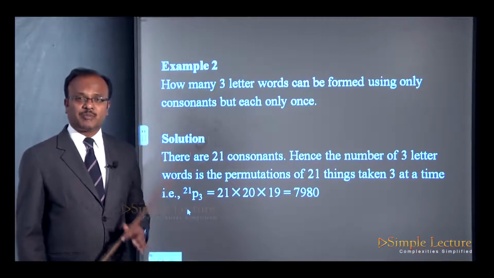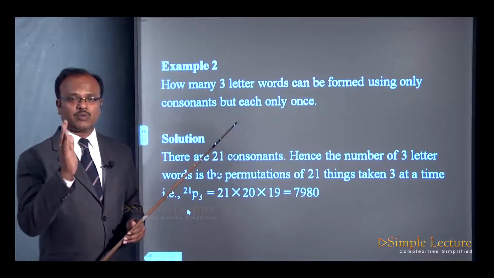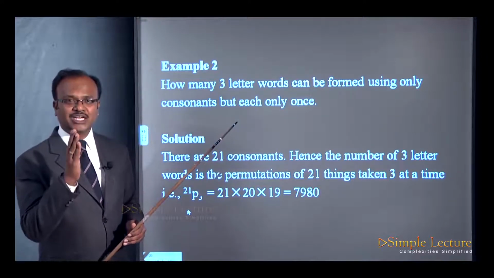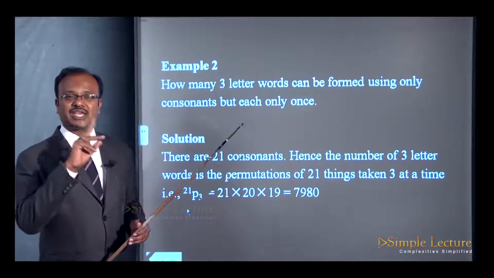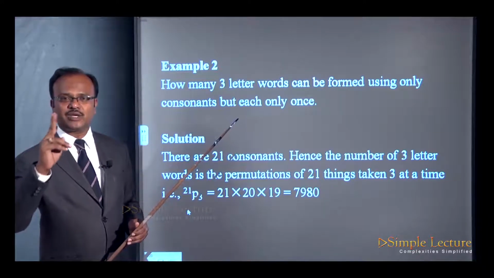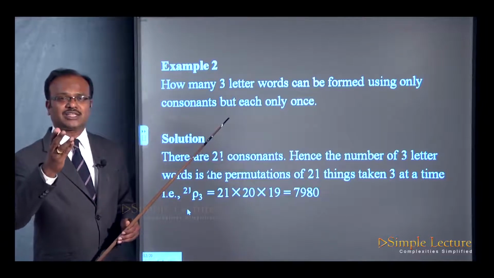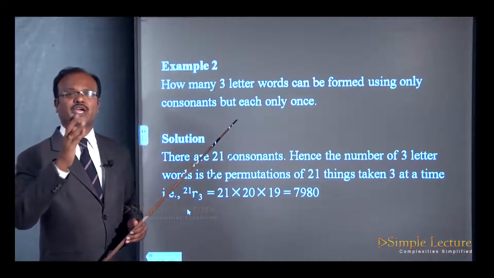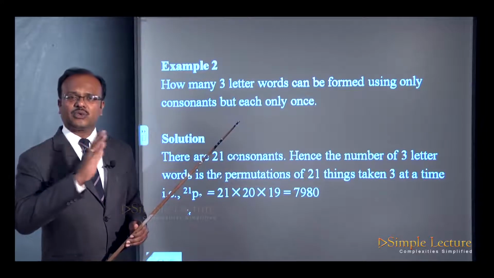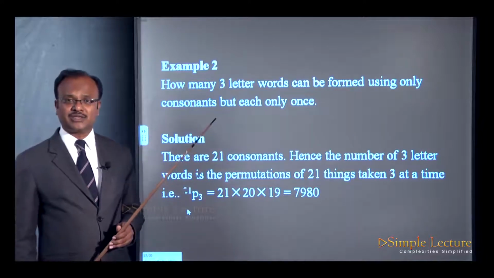So, what is nP0? It is 1. What is nP1? It is n. What is nP2? It is n into n minus 1. So, like this, if you go on taking the values of nPr, you can write it as n into n minus 1 into n minus 2 up to n minus r plus 1, right.